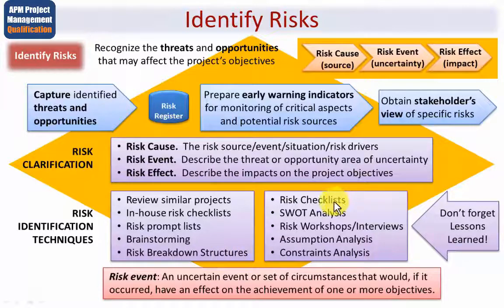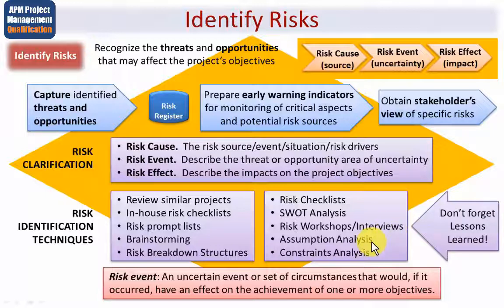Risk checklists, very similar to risk prompt lists, and strengths, weaknesses and opportunity analysis. Carrying out risk workshops and interviews with particular stakeholders to help get their views and thoughts on what risks might be, or even on most appropriate action to take.